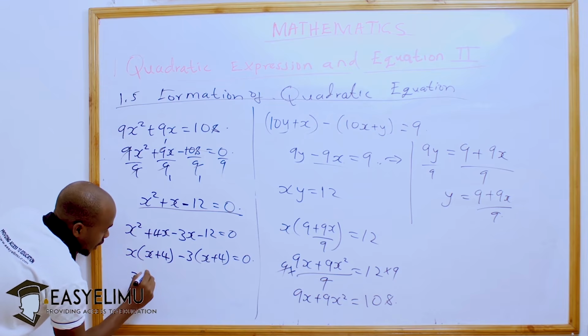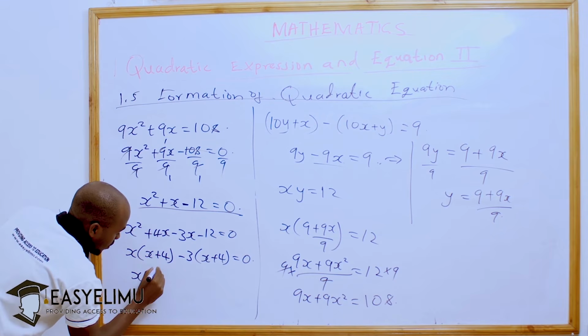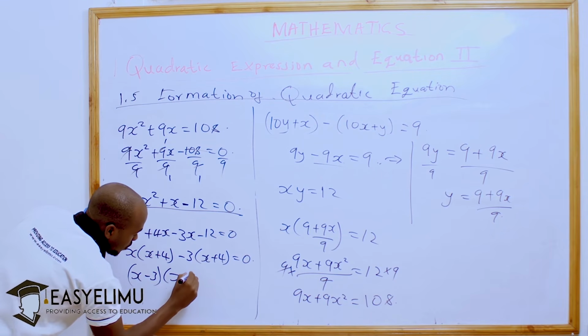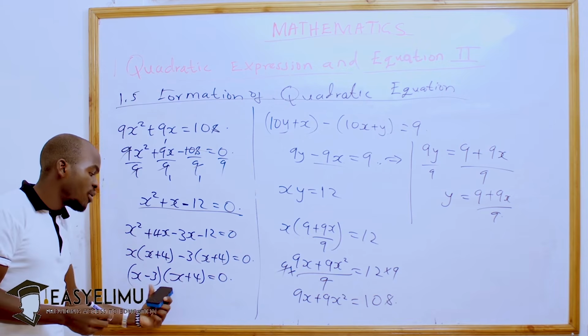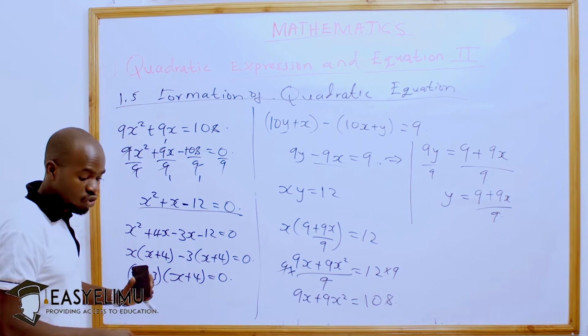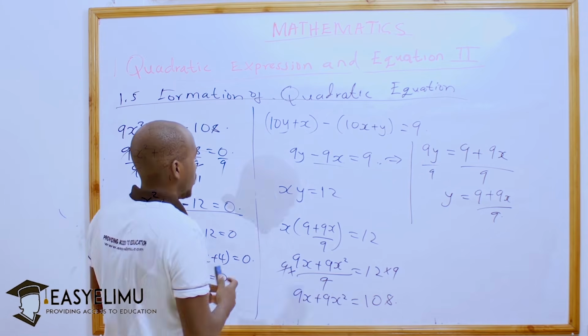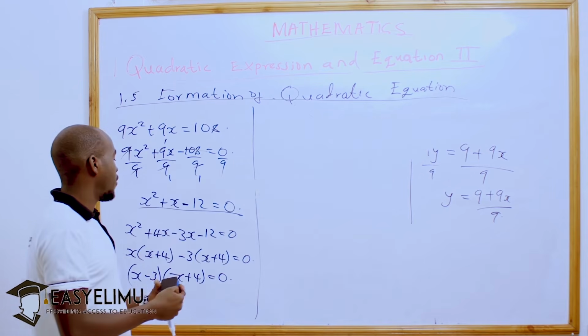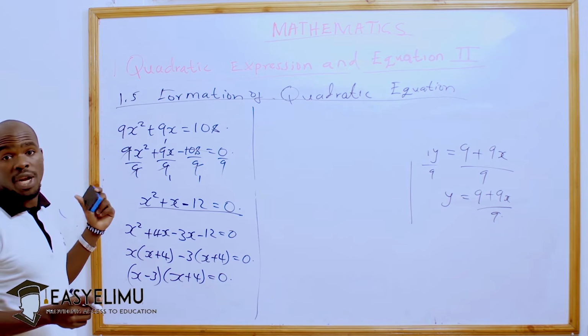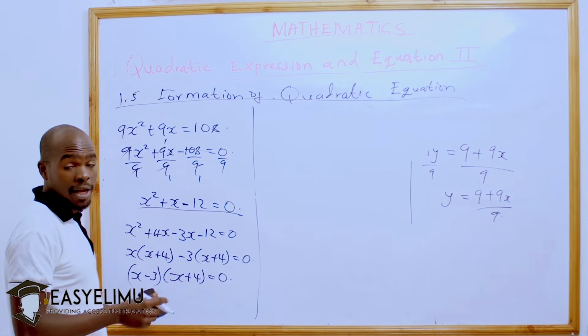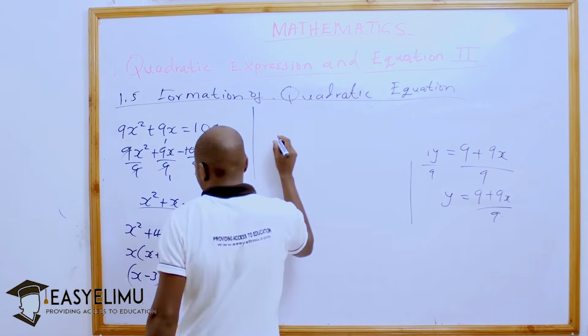Now if I do that way, I'm going to take x minus 3, x plus 4 equals to 0. Now I will let each of the brackets be equal to 0. Still, you can use the formula of completing square and you will find the same answer, and you can use even the quadratic formula and you will find the same answer as what I am going to get.